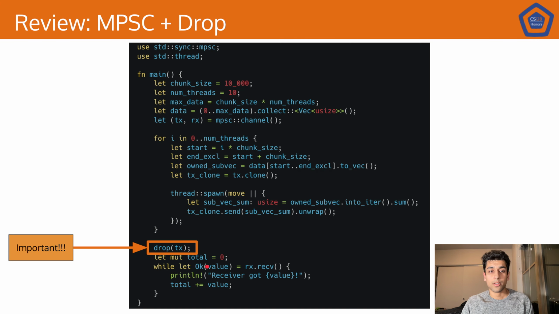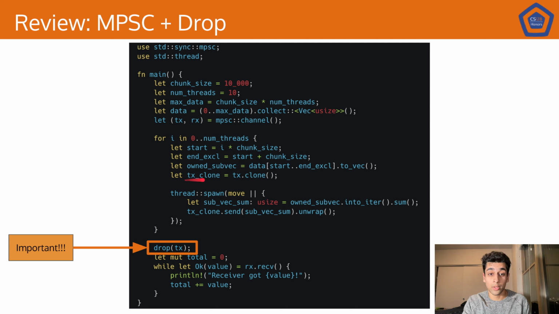Okay. So this is the general sort of paradigm you'll be using when you tackle MP3 MapReduce. This is a shortened version of that. So what we're doing here is we're firing off a bunch of threads. We're creating an owned sub vector. This .to_vec makes a deep copy and creates a separate value outside of data. Then we're going to move the owned sub vector into the thread.